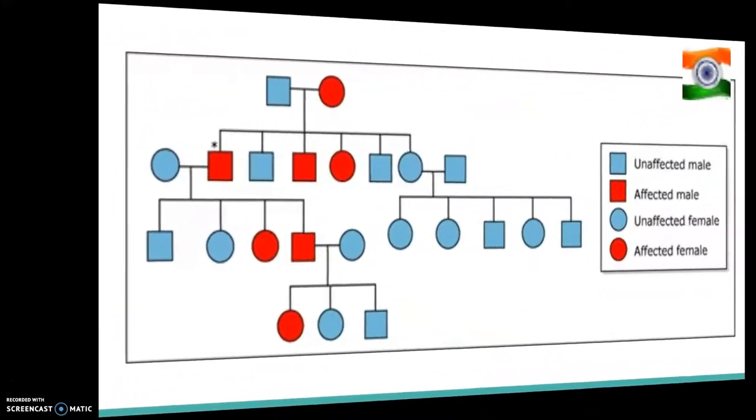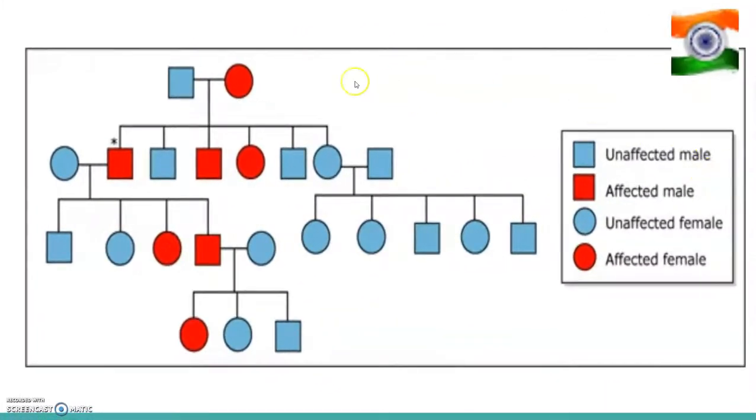This is a pedigree chart, and various symbols are being used here. This square box represents an unaffected male, and this red square box represents an affected male. The circle shows an unaffected female, and the red circle shows an affected female.